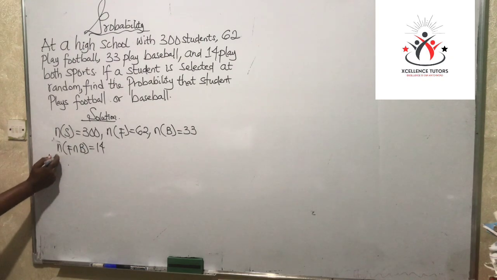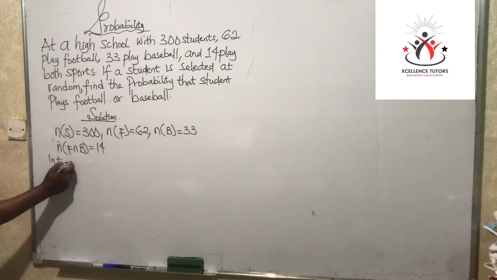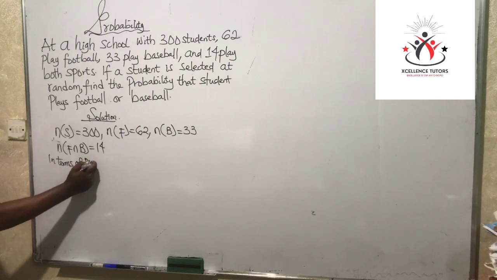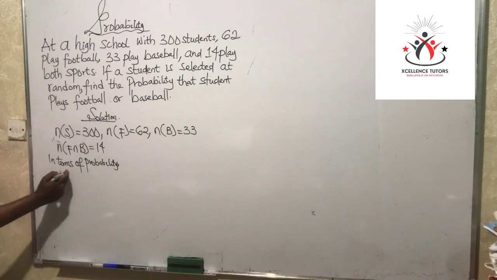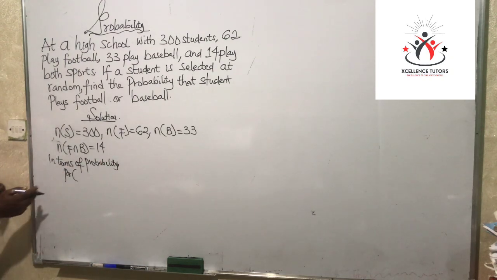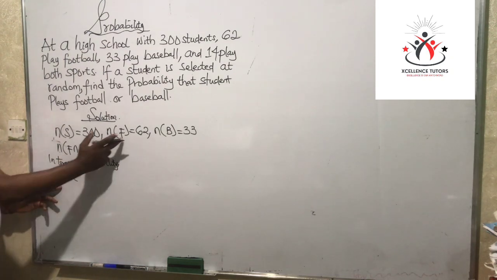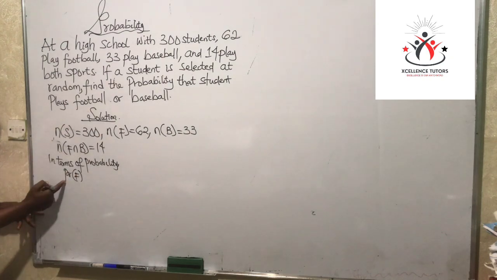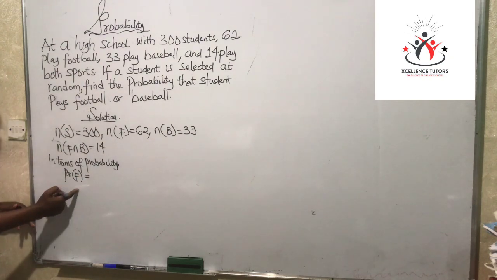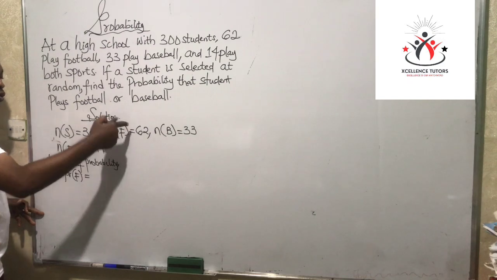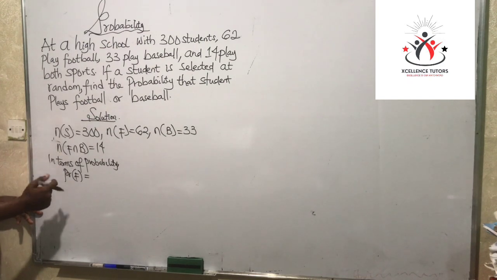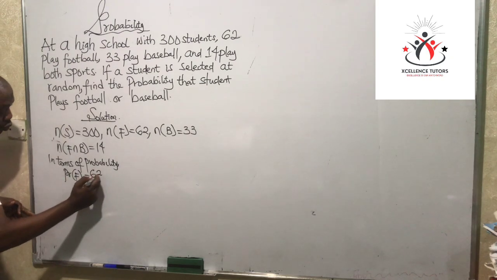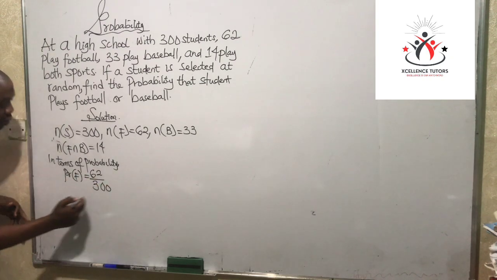Now, in terms of probability, the probability of students who play football will be the number of students who play football out of the number of students in the high school, so that will be 62 out of 300.